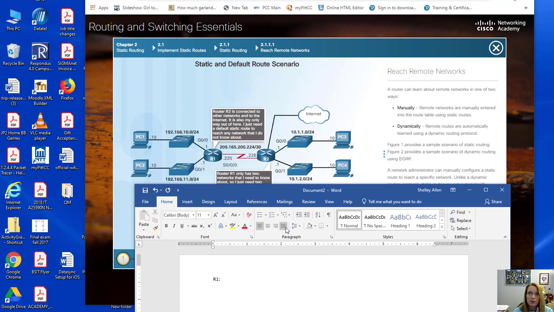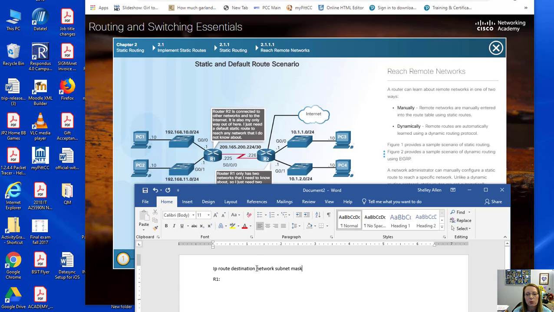Here's your syntax when you're configuring a static route. So the syntax is IP route is your command, and then the destination network that you want to reach. Then you would put its subnet mask.